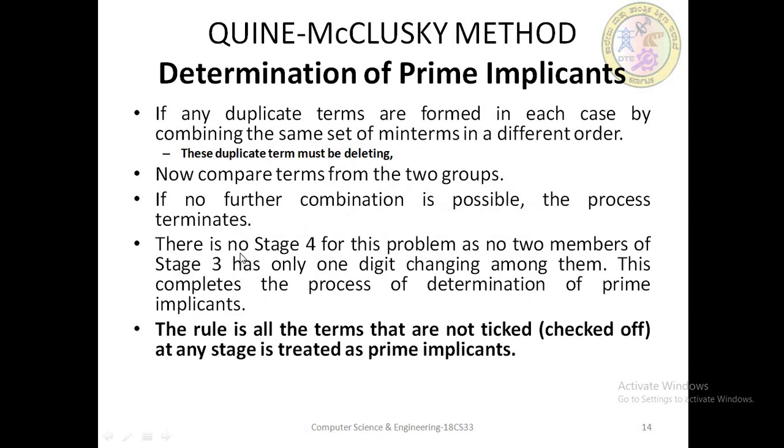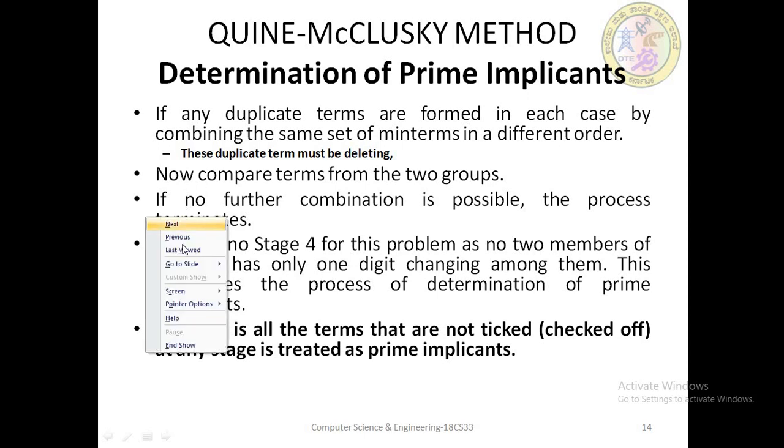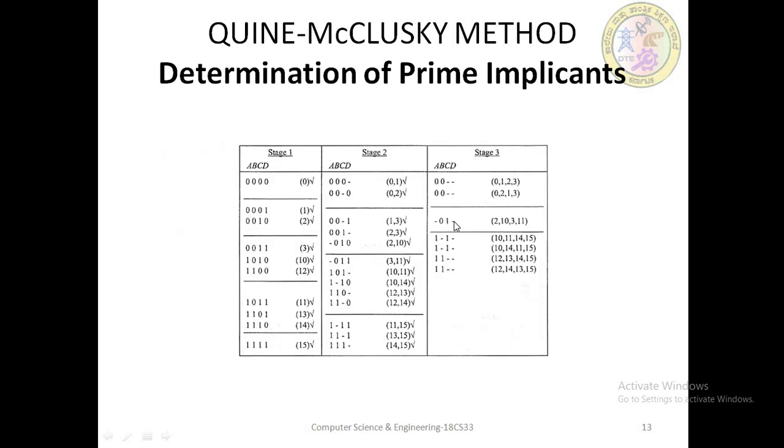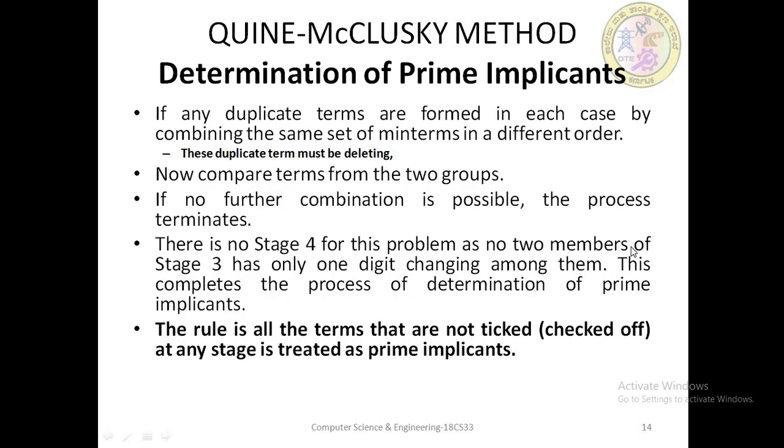There are no further four-stage combinations for this problem, as no two members have differed by a single variable. You can see here we do not have any option to continue further, so we will terminate this combination here itself.